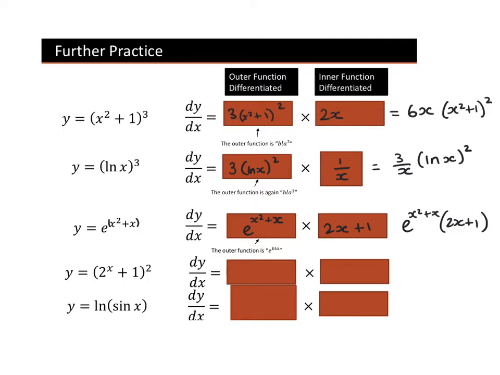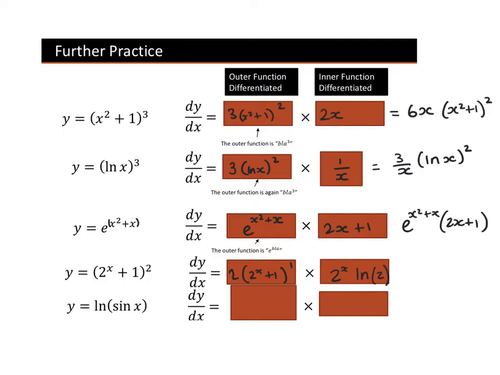Differentiate the bracket. 2, bracket, to the power of 1. And then we fill in the bracket. Now we're going to multiply by the differential of 2x plus 1. What is the differential of 1? It disappears. What's the differential of 2x? 2x ln 2.